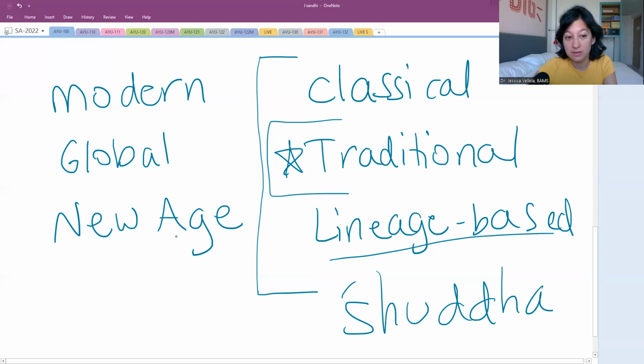The last subtype that I want to talk about here is New Age Ayurveda, and this is sort of a major drift that pulls together things that want to seem credible, like making claims that New Age Ayurveda is based on some special lineage, or that it is based on some special traditional method, or that it is deeply embedded with spirituality.